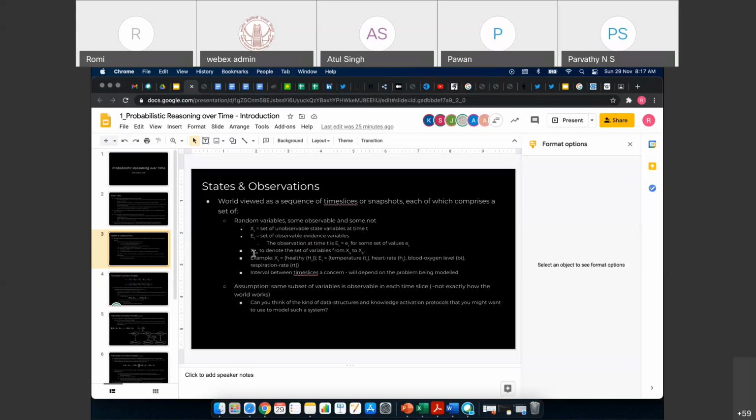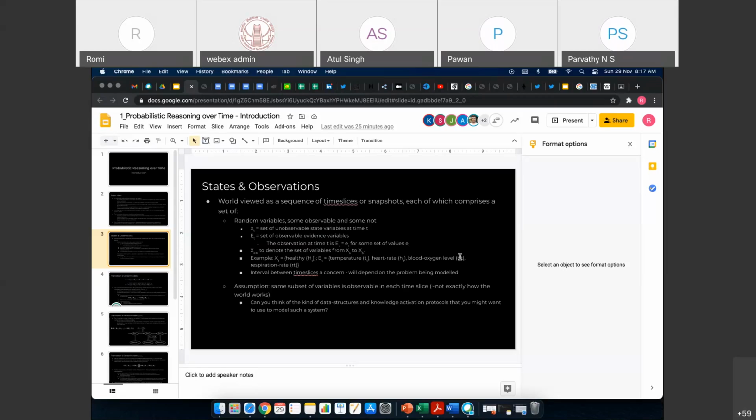Okay, so here is an example. We have healthy, whether I am healthy or not, and the observable states are temperature, heart rate, blood oxygen levels, respiration rates, and so on and so forth.